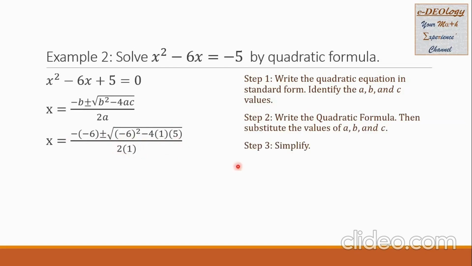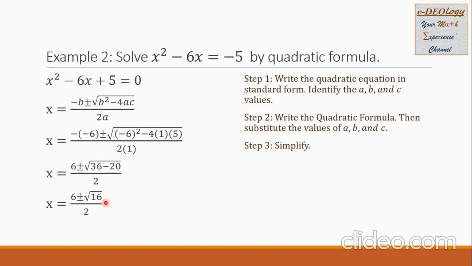Step 3, let us simplify. The negative of -6 is +6, plus or minus the square root of the square of -6 is +36 minus the product of -4 times 1 times 5 is -20 all over 2. And then we will simplify the 36 minus 20.